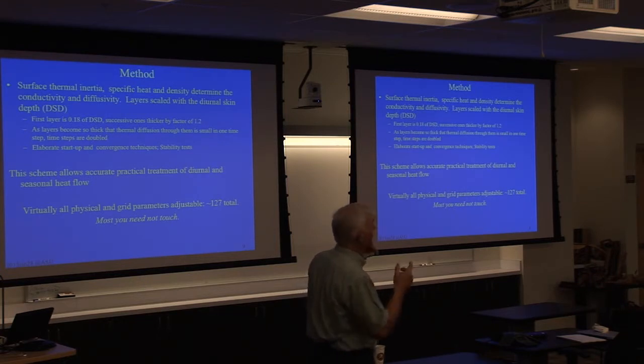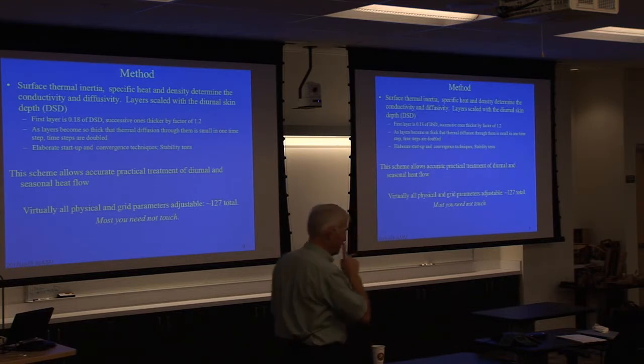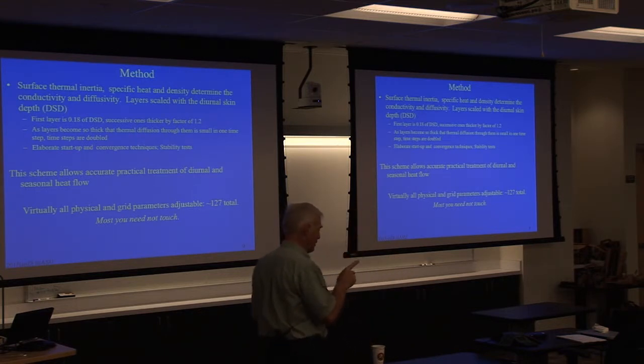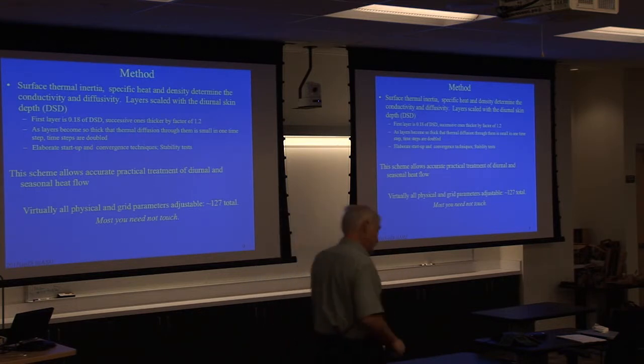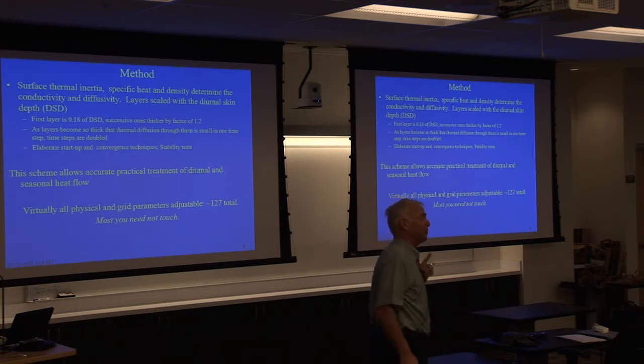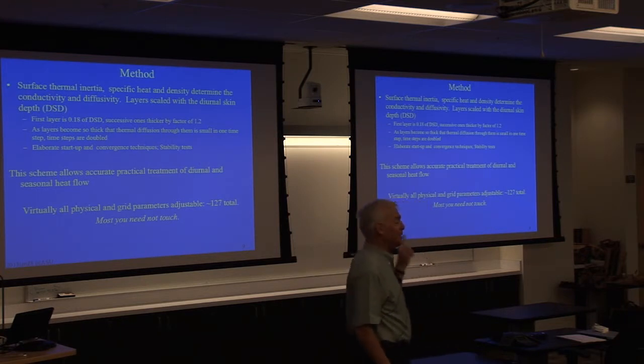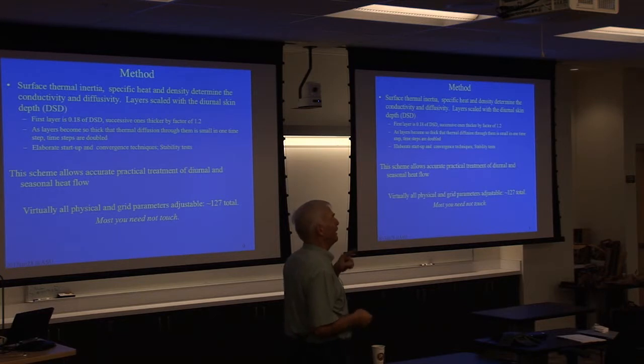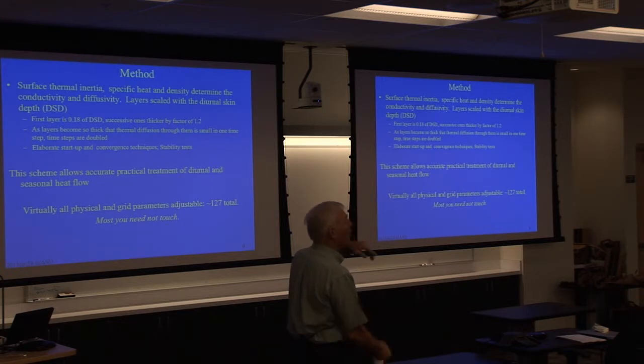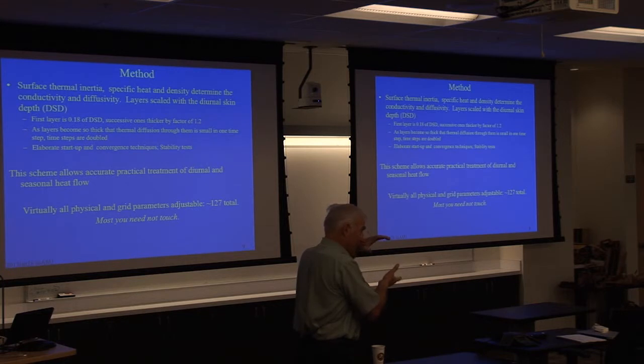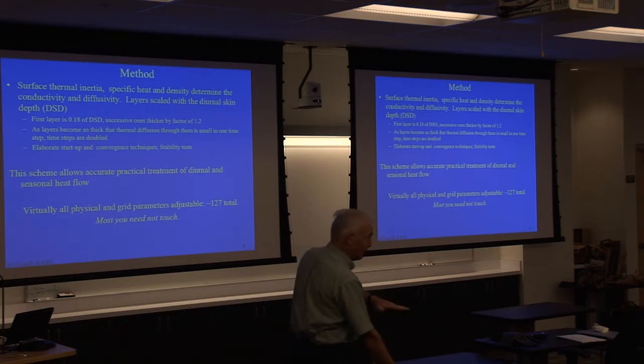So anyway, I'm going to try to answer all your questions. First, there is a switch in KRC that allows the layer scheme to be based on the diurnal skin depth of the top material, whatever it is, which could be uniform all the way to the bottom, or the layering in physical meters changes when you discontinuously change from top material to lower material.